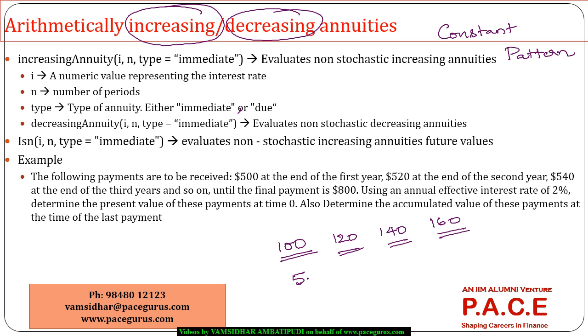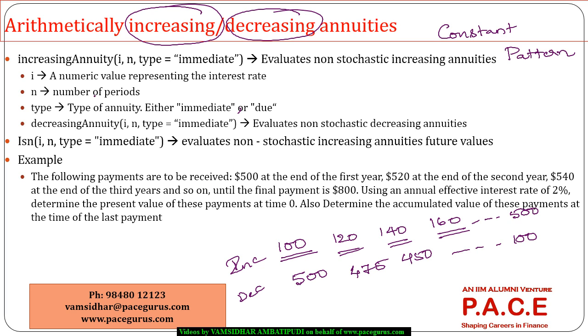Or it would be decreasing: 500, 475, 450, and so on up to 100. So this is called a decreasing annuity. The increasing one probably could be up to 500. This is called an increasing annuity.